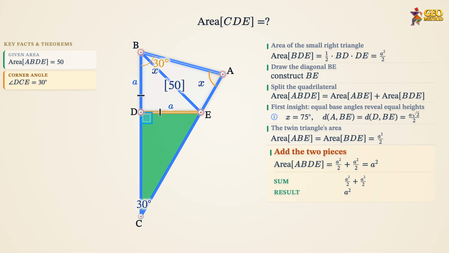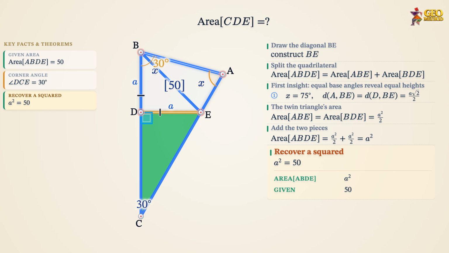Adding the two equal pieces, A squared over 2 plus A squared over 2 gives exactly A squared. So the whole quadrilateral ABDE has area A squared. But that quadrilateral area was given as 50. Setting A squared equal to 50, we have found the one number that unlocks the green triangle.